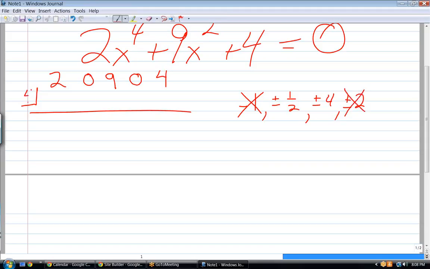Okay, let's try 4. Doesn't look like this is going to work. Let's try minus 4. Can you kind of see the advantage of synthetic now as opposed to long division? Yeah. You can do these really fast with synthetic.